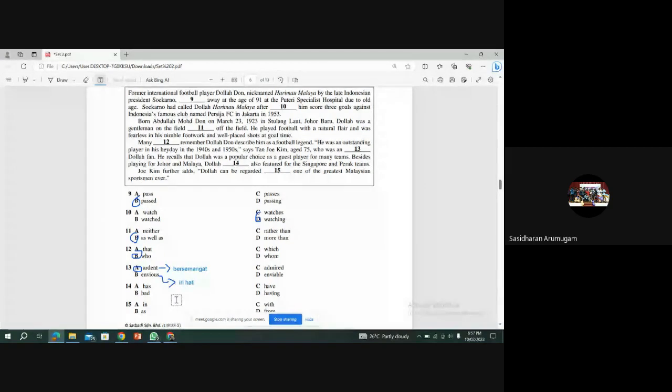Admirable ni admire lah. Enviable ni sama. Okay, number 14. Dola also featured for Singapore and Perak teams. So a hat. Okay.